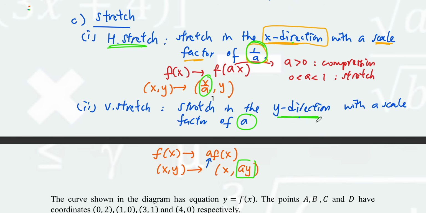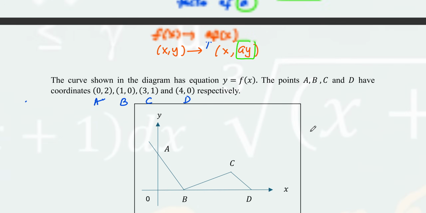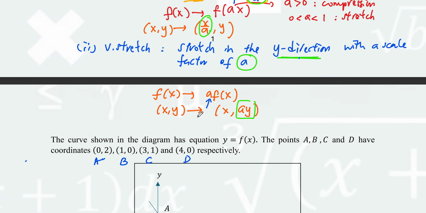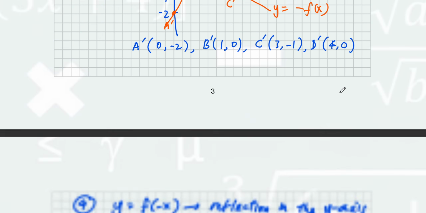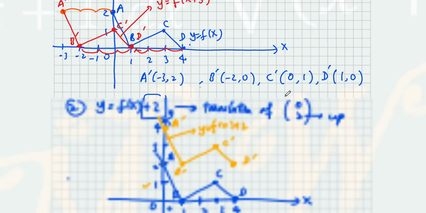So now, again for the points, if you times a outside, that means it will be affecting the y value. So instead of y, it becomes ay. So from here, I will write the question, half f(x), number 5.